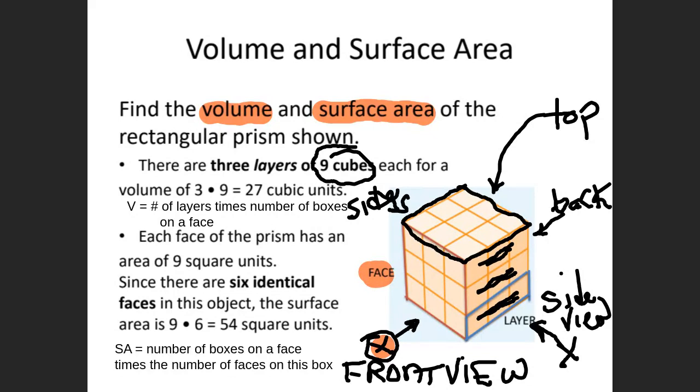Surface area, volume. Now, are there any questions before I go on? Okay.